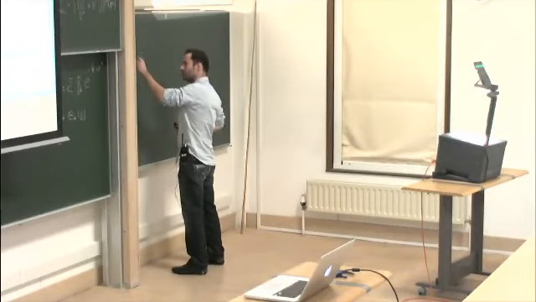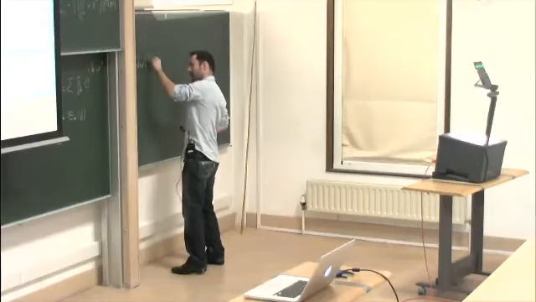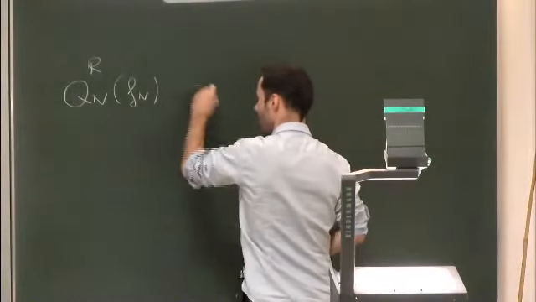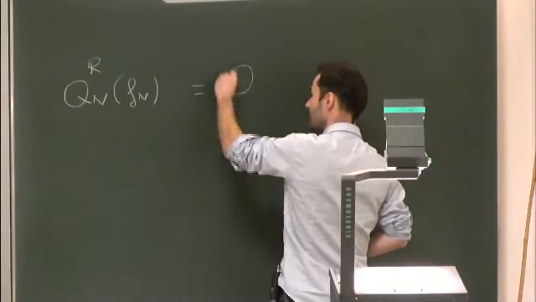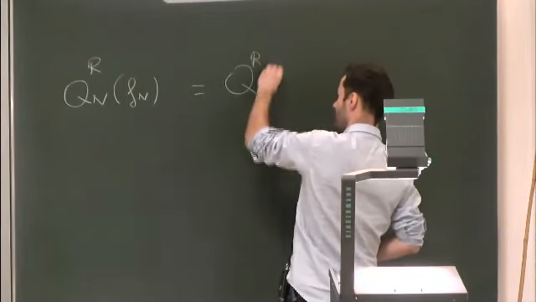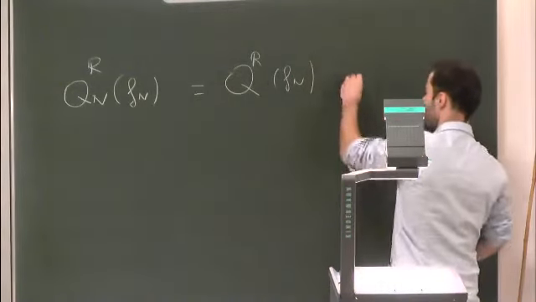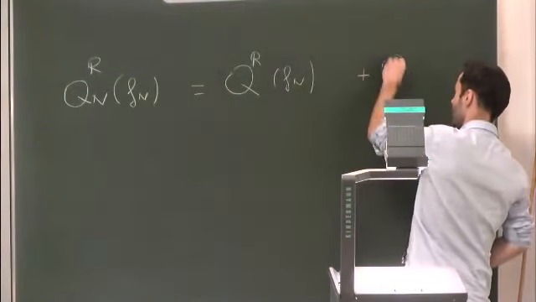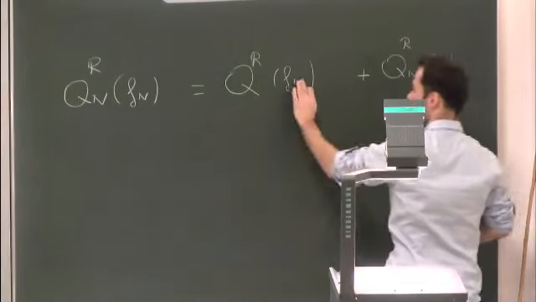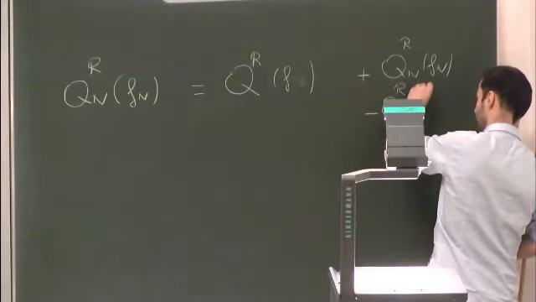You consider that your numerical method, let us denote it by Qn of Fn, where R is for the truncation, is just the sum of the truncated Boltzmann operator, Q_R of Fn, so this is the true Boltzmann operator, plus this one, Qn_R of Fn minus Q_R of Fn.